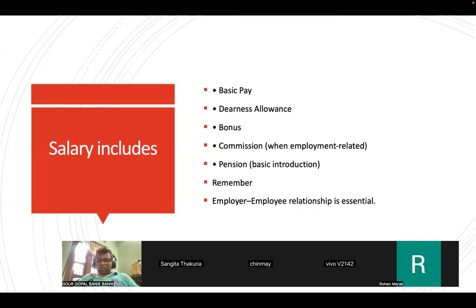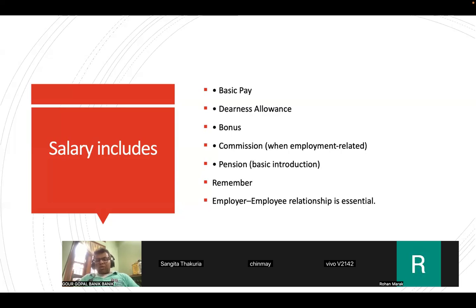An employer-employee relation should exist for salary. This is very very important. Please stress this. There should be a relation of employer and employee, only then it is salary. Please remember this line at least.